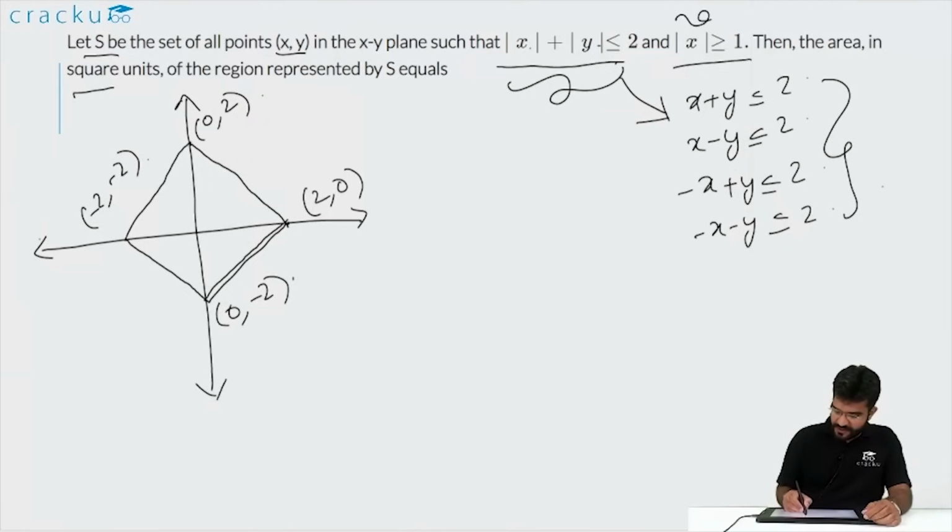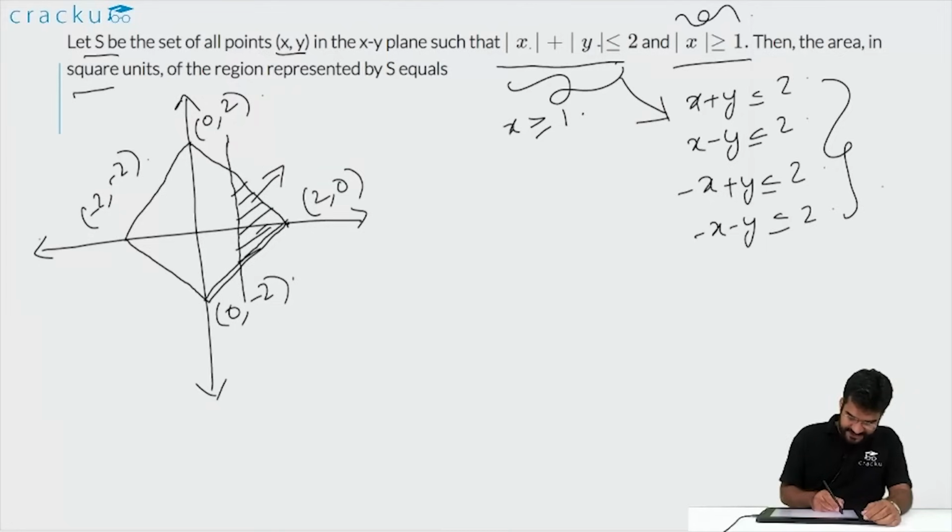Now let us look at how the second inequality, that is modulus of x is greater than or equal to 1, looks like. Whenever x is greater than 0, that inequality will be x is greater than or equal to 1, which will be something like this. This will be the line x is equal to 1, and everything to the right of it will be x is greater than or equal to 1. So whenever x is greater than 0, this is the area of intersection.